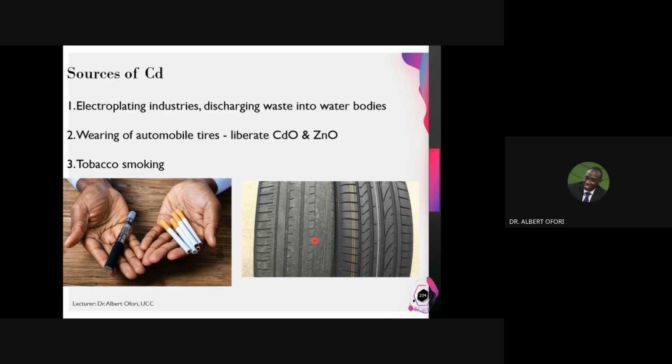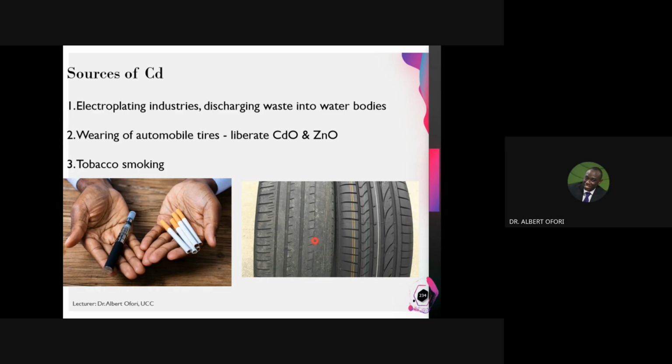Of course, some of them we can, but some we can just reduce the content. We can't really get rid of all the heavy metals completely from our water bodies. But I think the government is bent on that, trying to see how to deal with the exposure by now.